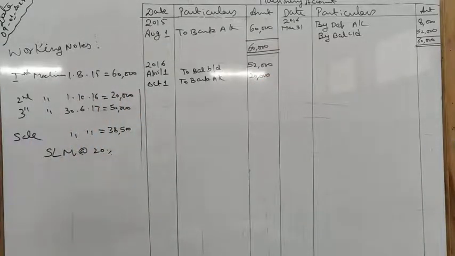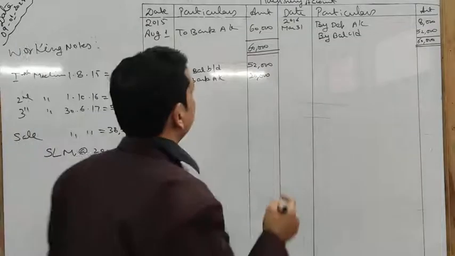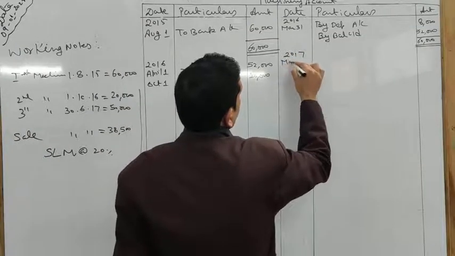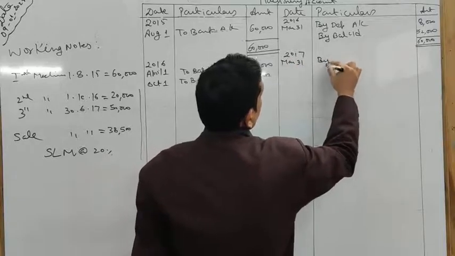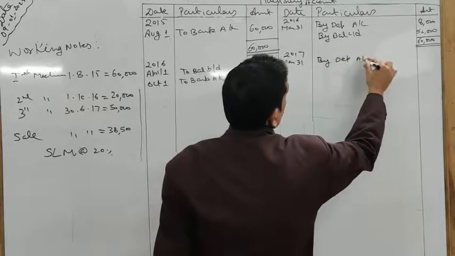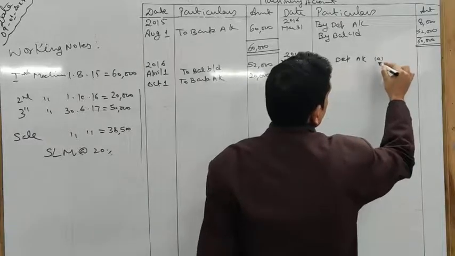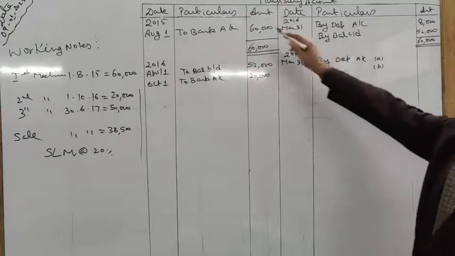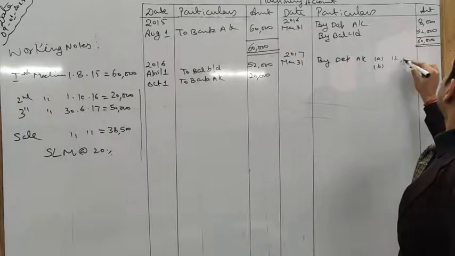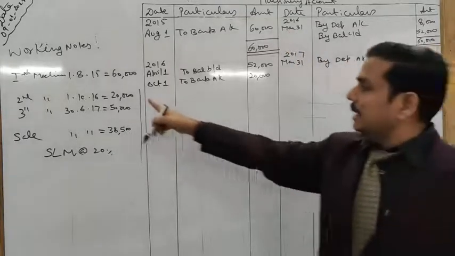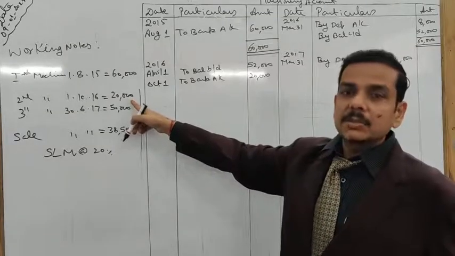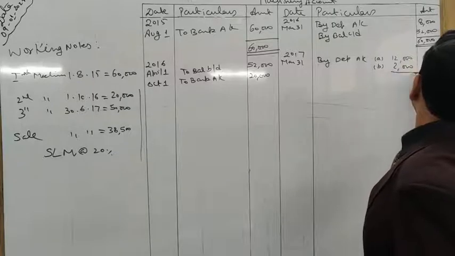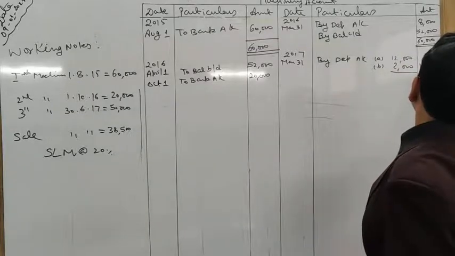Now we have two machines, so we will find out depreciation for two machines. 2017 March 31st by depreciation account, here you will write A and B. 20% of 60,000 is 12,000, and in working notes we have calculated depreciation for half year, 20% of 20,000 for half year is 2,000. So for machinery B it is 2,000. Total depreciation is 14,000. Clear, student?